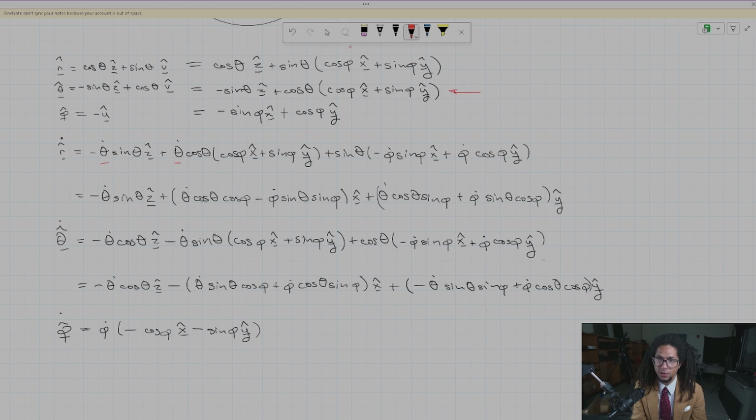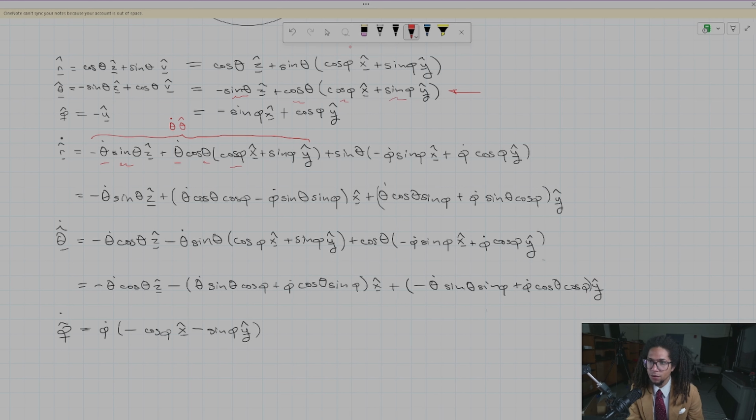So we have a minus sine theta in the z hat direction, and then in the x hat direction, a cos theta cos phi, and then a cos theta sine phi in the y hat direction. So all of this is in fact just theta hat times what? Times theta dot. Good.